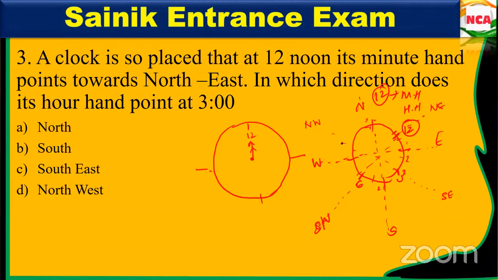So this is how the clock looks after changing that direction; we are placing the clock tilted. Now they are asking, in which direction does its hour hand point at 3 o'clock? Where will the hour hand be? At 3 o'clock, the minute hand will be pointing towards, just give me a minute.